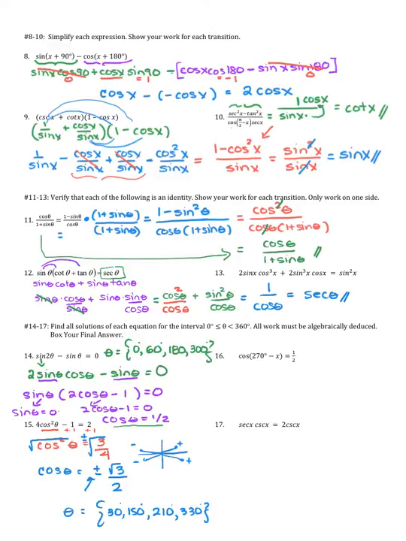All right, on number 16, when we see this, remember you cannot distribute the cosine to each term, but I can use my sum and difference property to expand this. That would expand as cosine 270 cosine x plus sine 270 sine x equals 1/2.